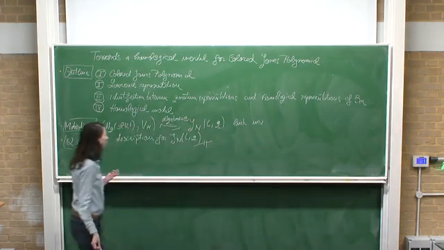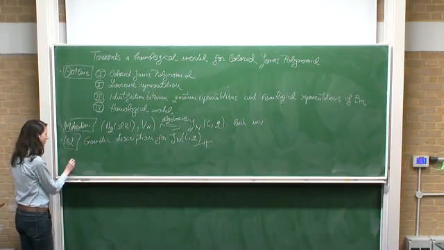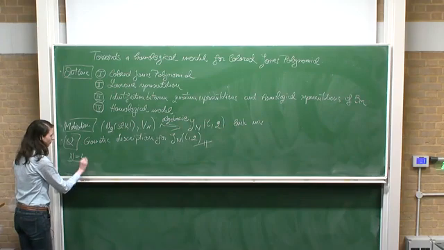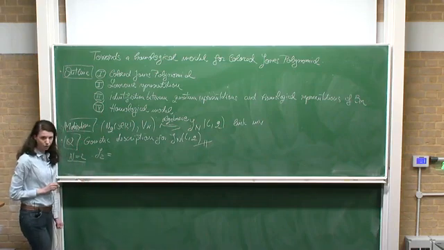So this is what we have in mind. And what I want to mention is that for n equal to 2, it is actually the classical Jones polynomial.